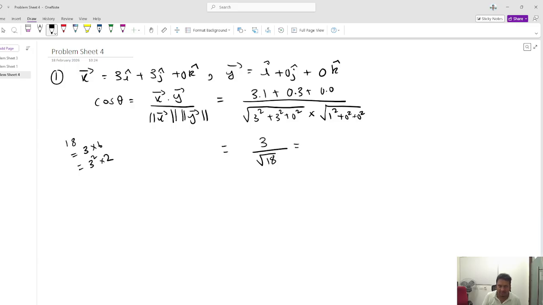So what you will get here is 3 divided by 3 root 2, this is 1 upon root 2. And you know, when cos theta is 1 upon root 2, theta is pi by 4. Yes, you have other values also, but when you are talking about the angle between two vectors, you are talking about a value between 0 and pi.